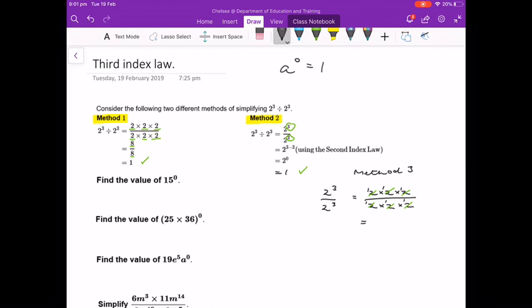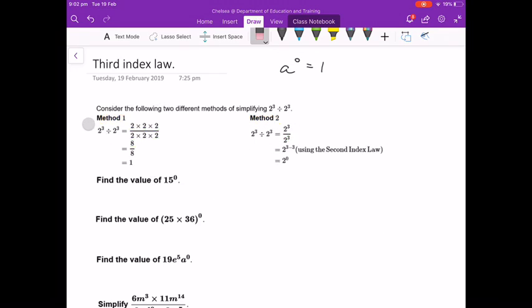Now 1 times 1 times 1 is 1, over 1 times 1 times 1 is also 1, and 1 divided by 1 equals 1. Again, method 3, there are lots of different ways to explain that any base that is to the power of 0 will also equal 1.